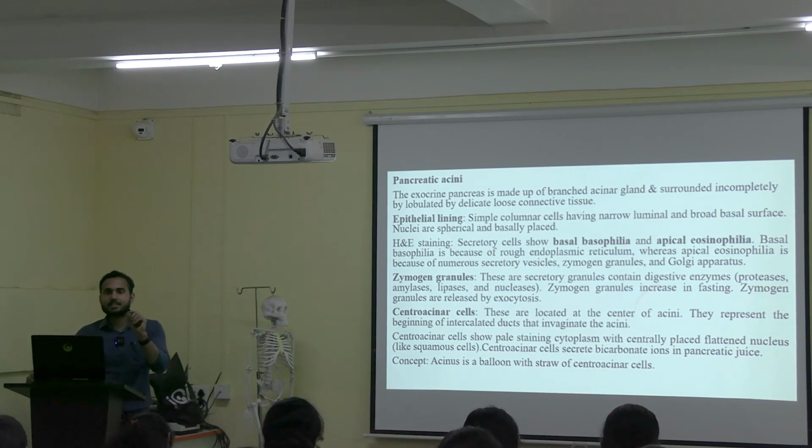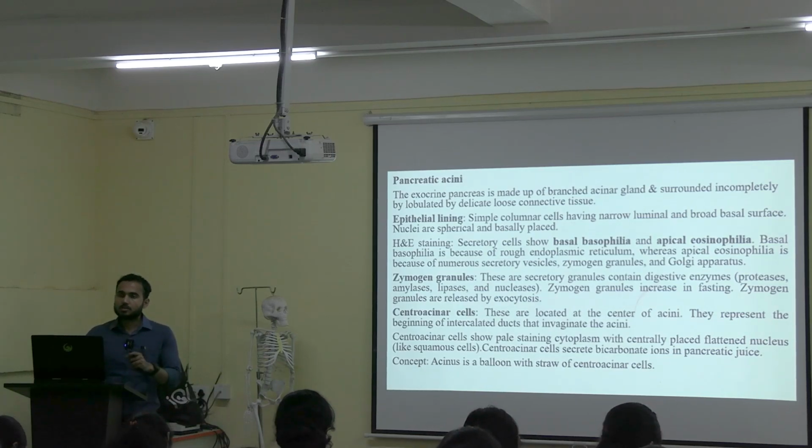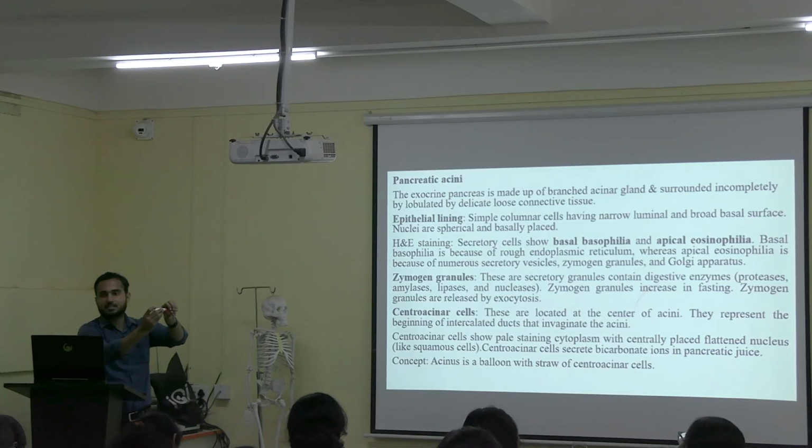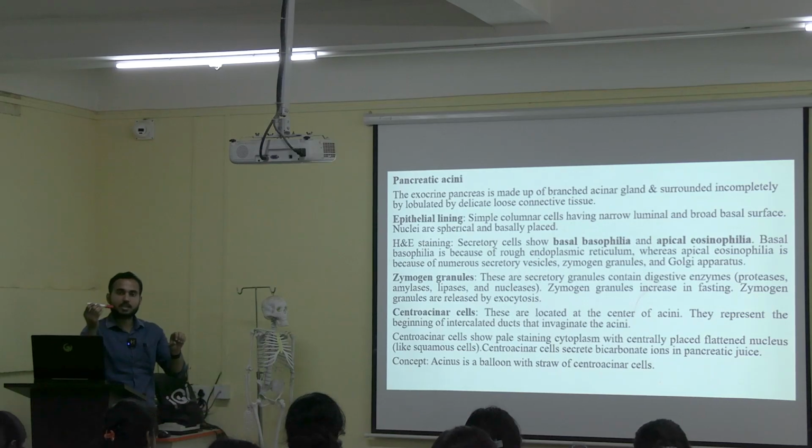Actually, centroacinar cells are nothing but the cells of the duct. Suppose the acini is there, and inside the acini the duct is going in like this. This is the invagination of the duct, that means an inward protrusion of the duct inside the acini.